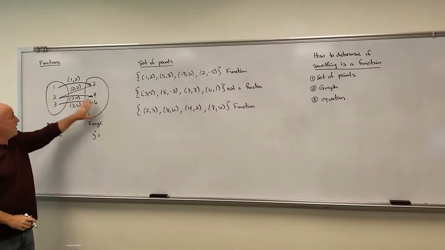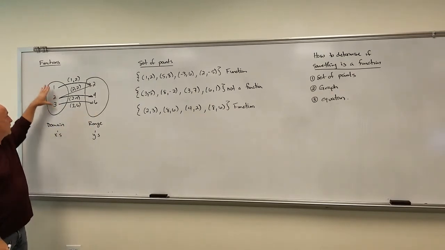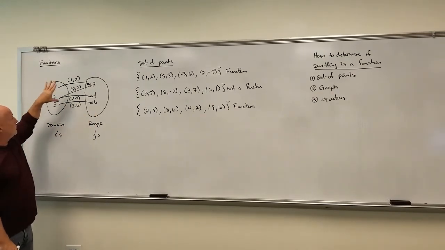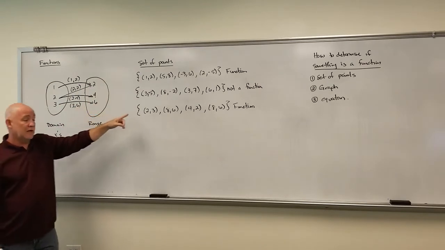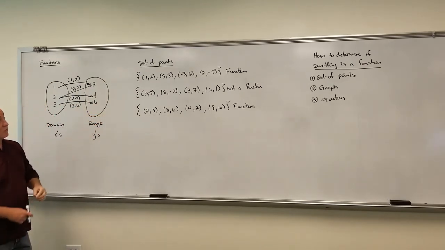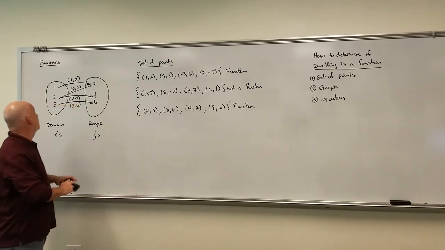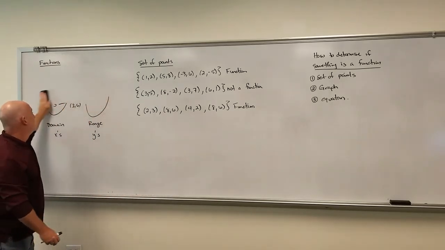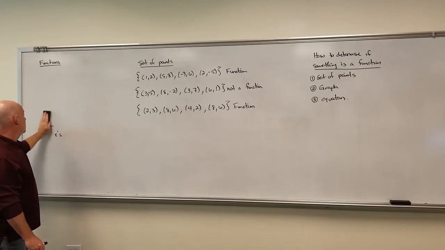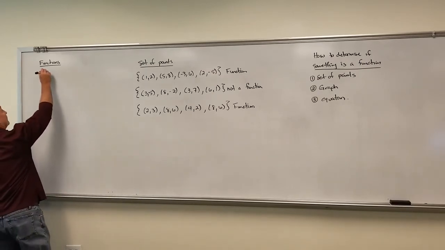So when you see a graph like this, it's really just a set of points. Think about the x value, did you get out more than one y value? Exactly the same way we did with this. So a set of points is one way that the author is going to ask you whether or not something is a function. Another way is by looking at the graph.